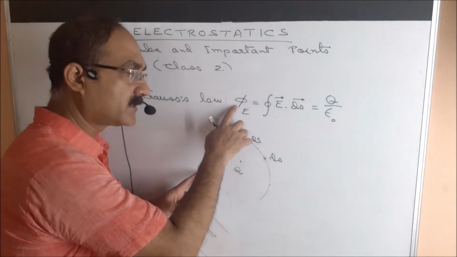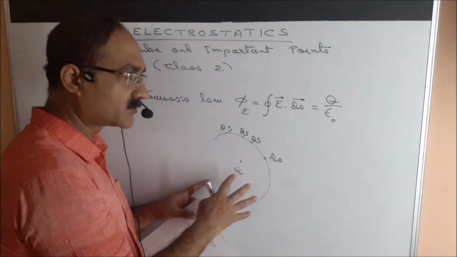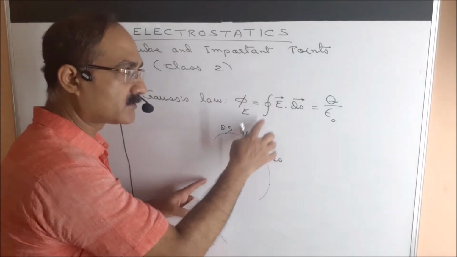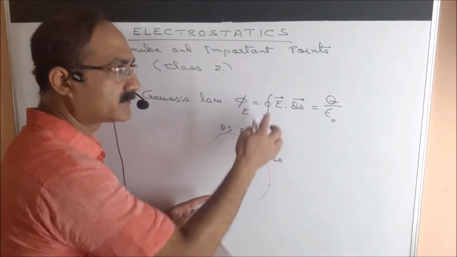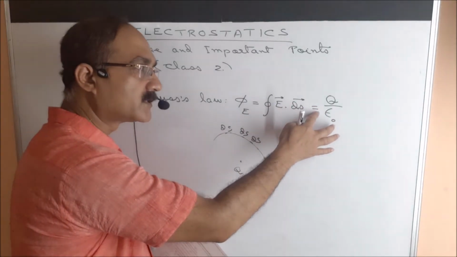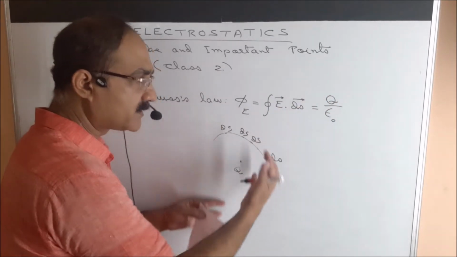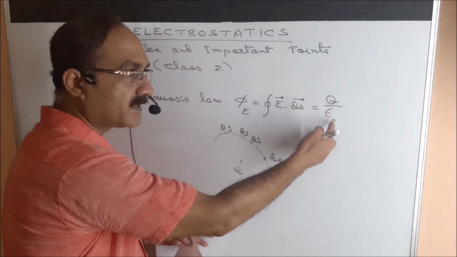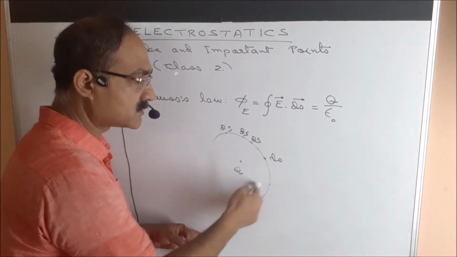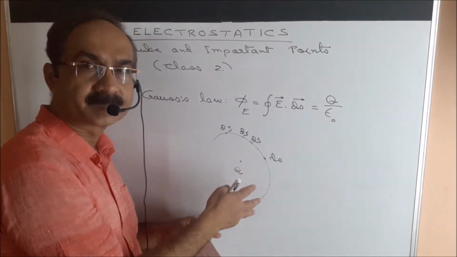So total electric flux crossing this surface is equal to the closed surface integration of E dot ds, which is equal to the total charge Q enclosed by this surface divided by epsilon naught. Since this is vacuum here, we are treating it as vacuum.